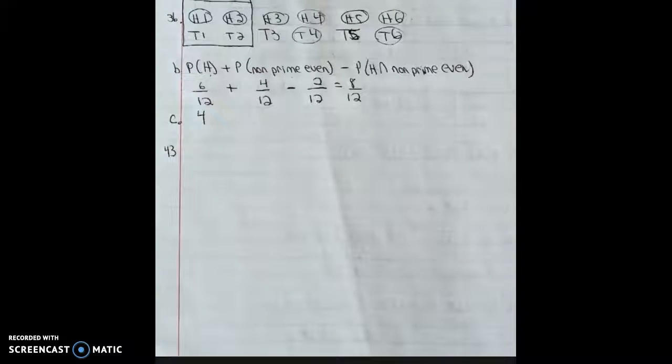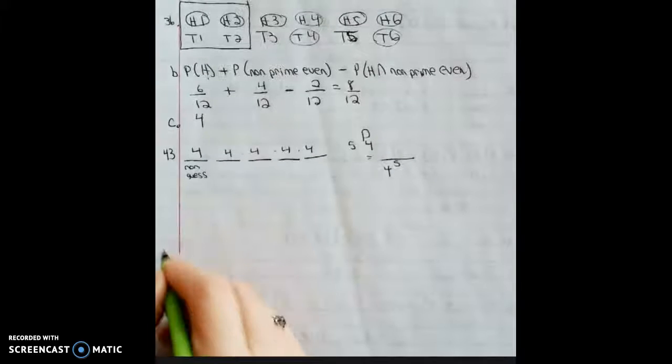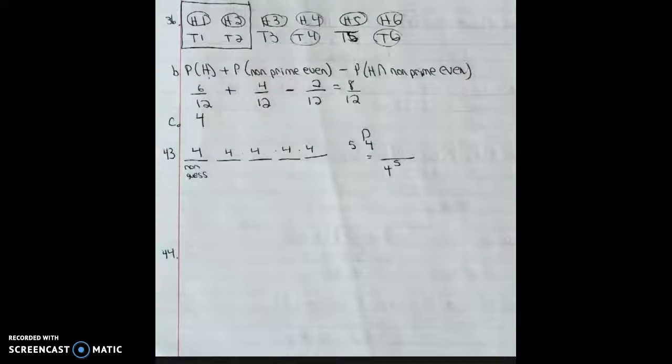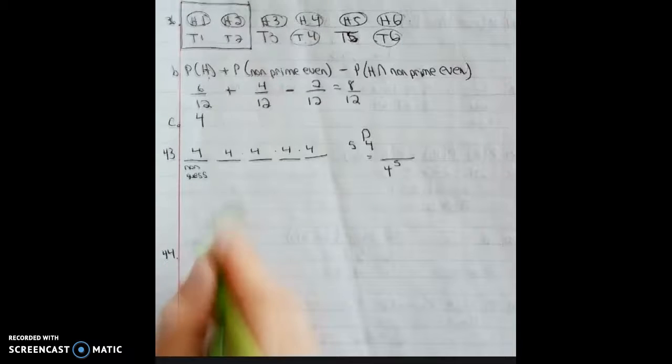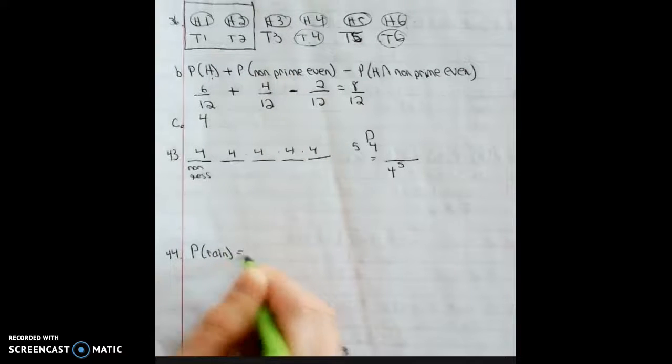What is the probability of guessing correctly on exactly 4 of 5 multiple choice questions with 4 options on each? Skip 43 for the moment and come back to it. Let's go down to question 44. What's the probability of 4 consecutive days without rain? The probability of rain on a particular day is 0.3.